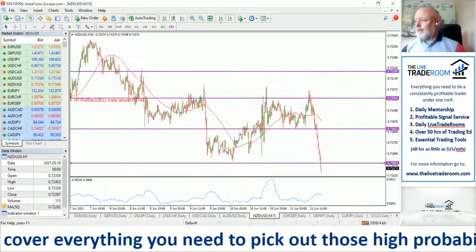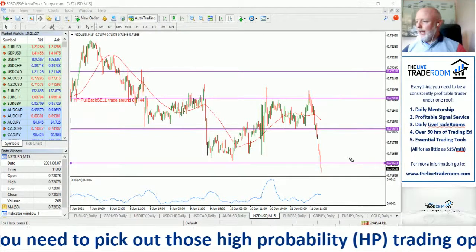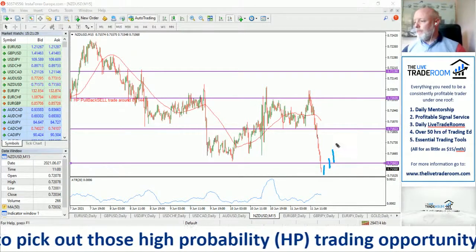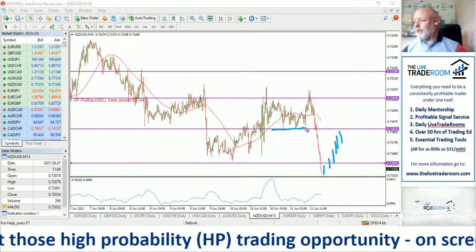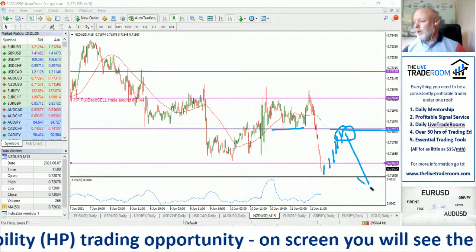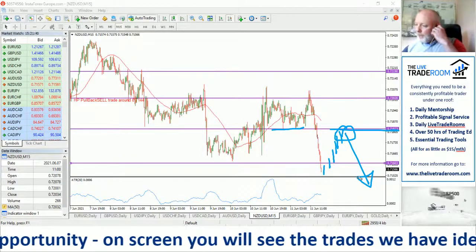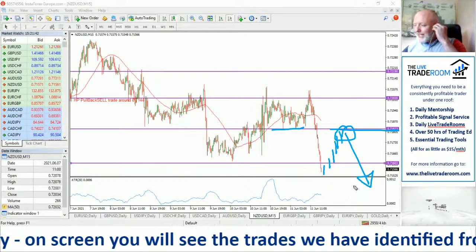What we would like to see in this market is a pullback to previous support, which now becomes resistance, and look to catch the next leg to the downside.